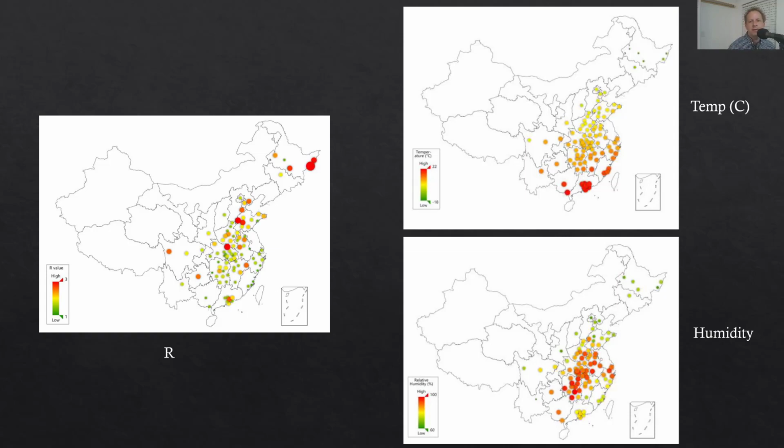One of the things in the paper is actual maps of temperature, humidity and R. And you can see, not surprisingly, that humidity and temperature in China are autocorrelated, which is to say that places close to each other geographically have similar temperatures and similar humidities.